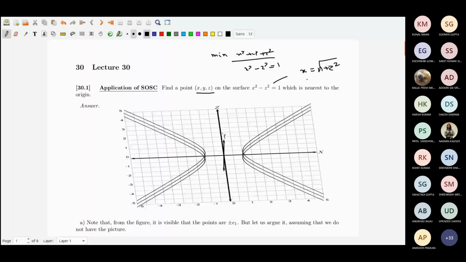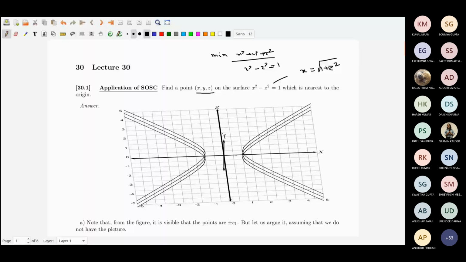Okay, so Gaussian opening. And here the y direction is open, so it will give you a cylindrical surface kind of a structure. Okay, so that's what you'll see.